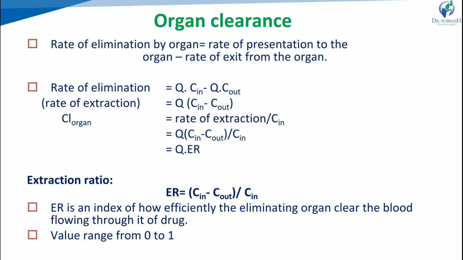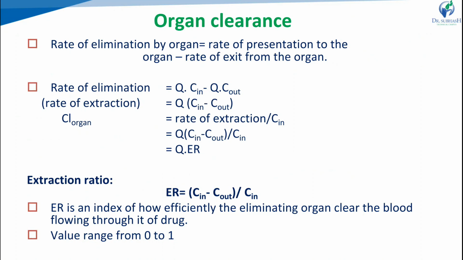The rate of extraction divided by C in, so Q is equal to C in minus C out divided by C in, and that is also called the extraction ratio, Q into ER. So the extraction ratio is an index of how efficiently the drug is eliminated, how the organ clears the blood flowing through it of the drug.